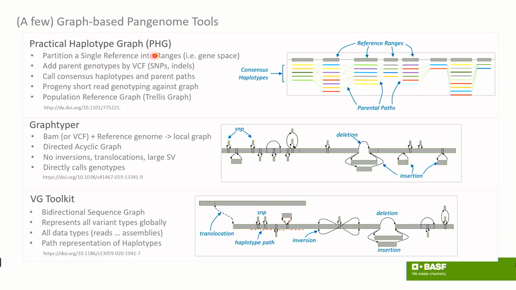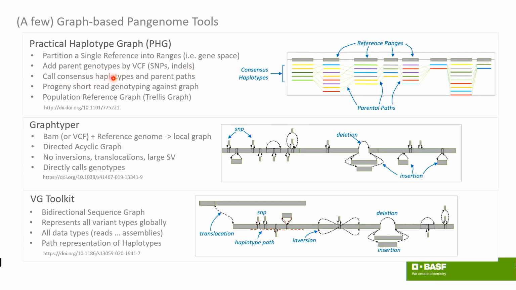So more specifically, they partition the reference, the single linear reference, into ranges. For example, the gene space. You can use 20% of the genome. They add parent genotypes the traditional way with short reads.